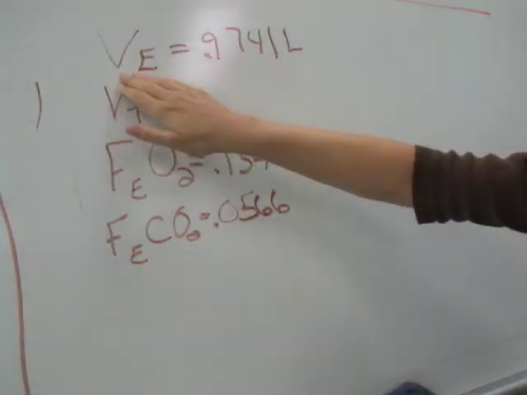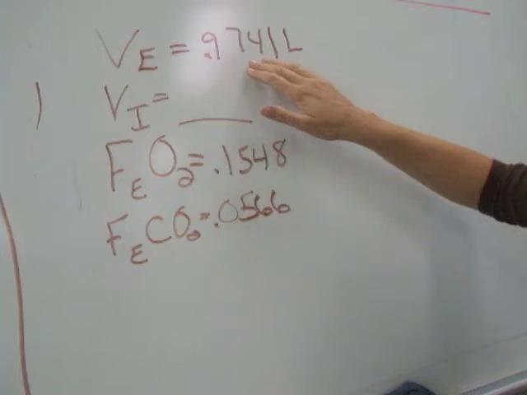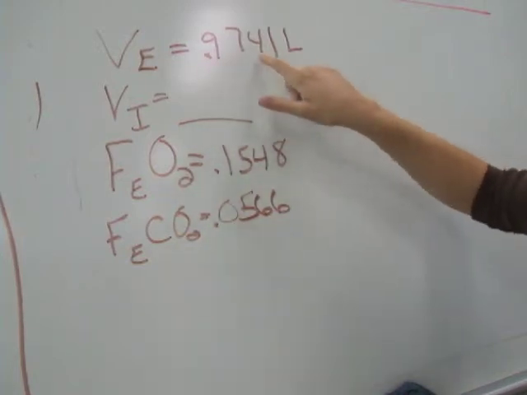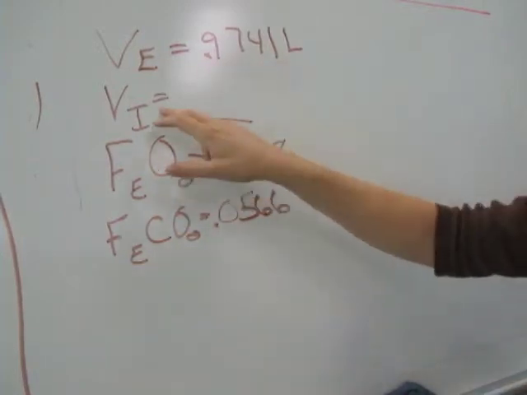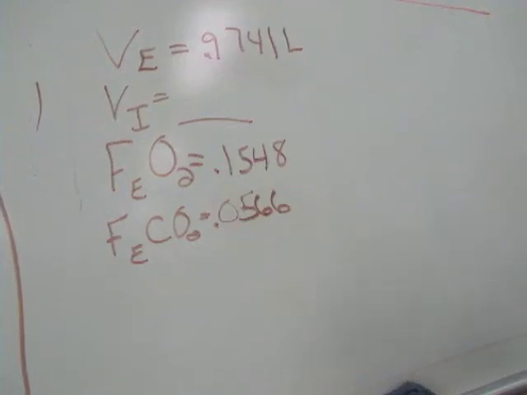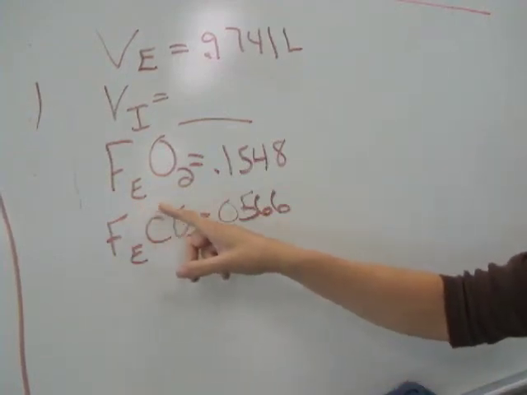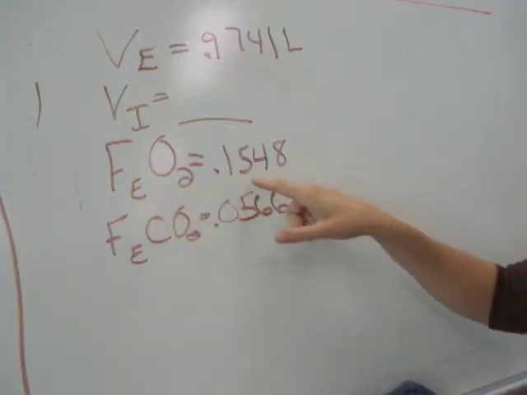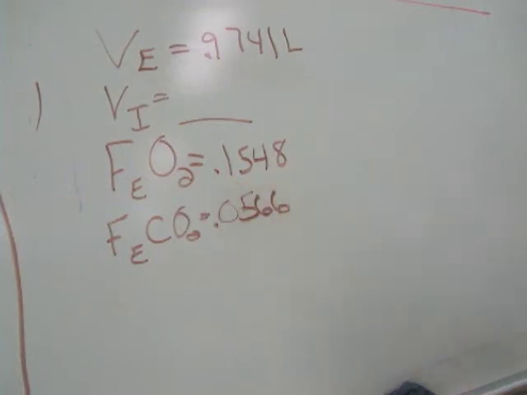So what's been given is the volume of expired air. It's been given to you in liters, or 0.9741 liters. The volume of inspired air is not given to you. The fraction of the air that was oxygen is 0.1548, or expressed as a percentage, 15.48%.